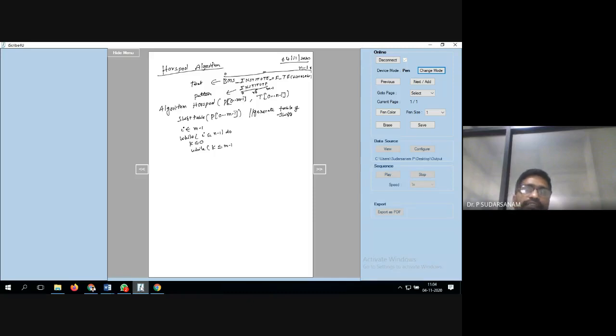That is how it works. Here you have m, and the k value starts at 0 and is incremented by 1 each time up to m-1.